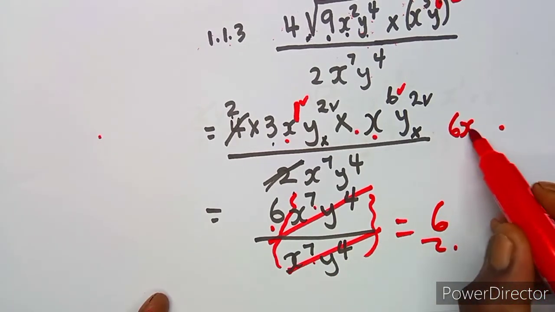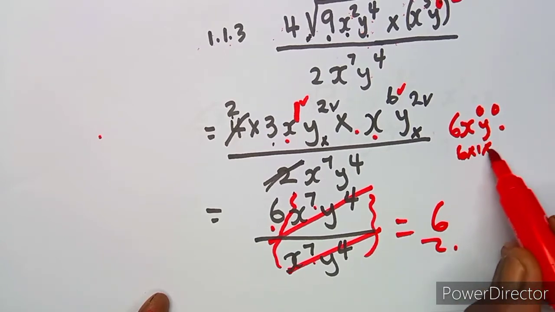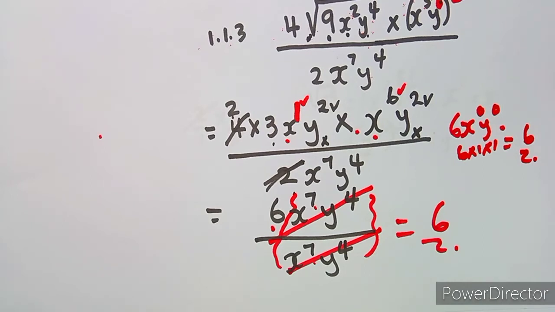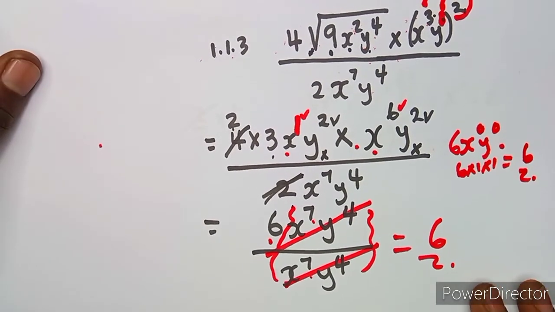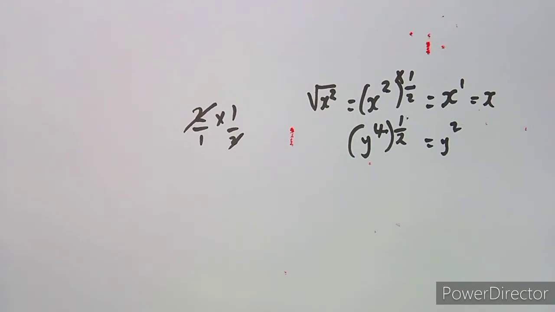So it's going to be 6 times x to the exponent of 0, y to the exponent of 0, 6 times 1, which is 6, because any number to the exponent of 0 is 1. So we are going to remain with 6, because it's 6 times 1 times 1. So as you can see, these are the typical questions and how you are supposed to have them done.